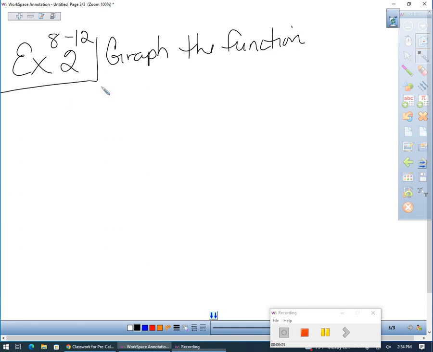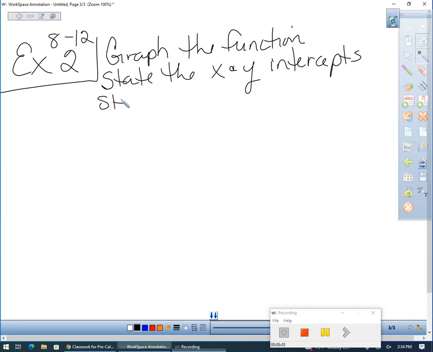After you graph the function, it's going to ask you to state the x and y intercepts. After you state the x and y intercepts, state the asymptotes. Remember, those asymptotes are line equations that your graph approaches but can't cross. And then domain and range.